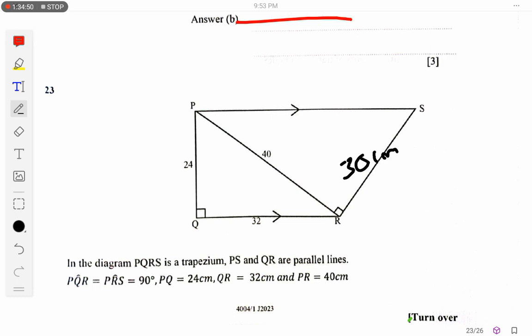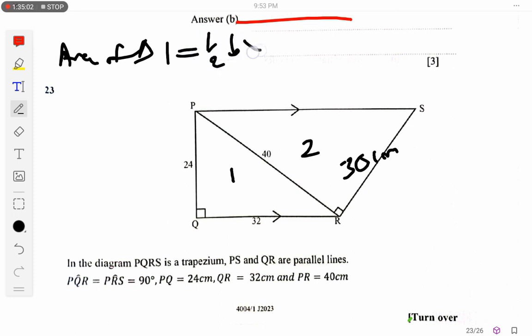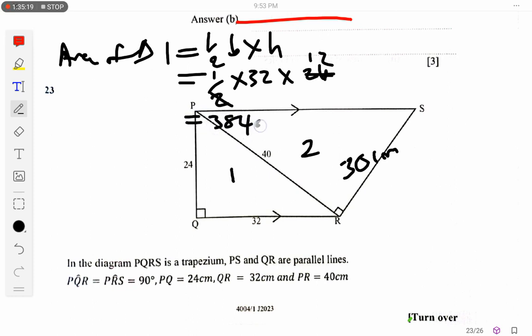So this is my triangle 1, this is my triangle 2. The area of triangle 1 is equal to half base times height. Half base is 32, so half times 32 times height 24. When I do this, I'm going to get 2 here, 12 times 32, I'm getting 384 centimeters squared.